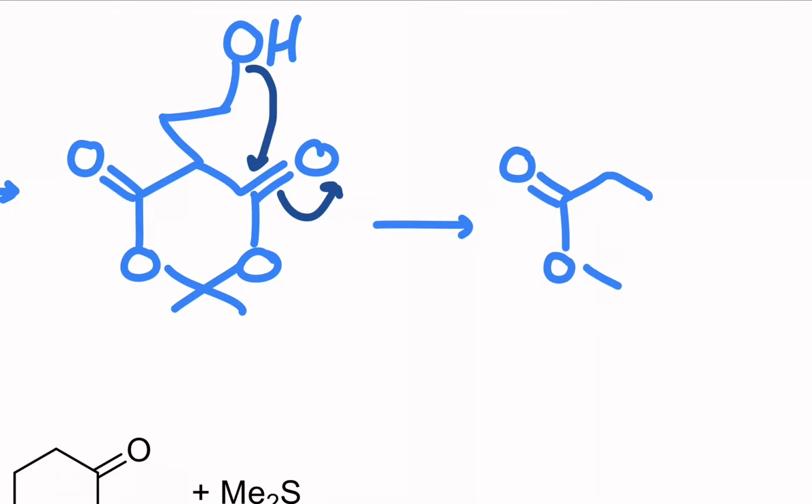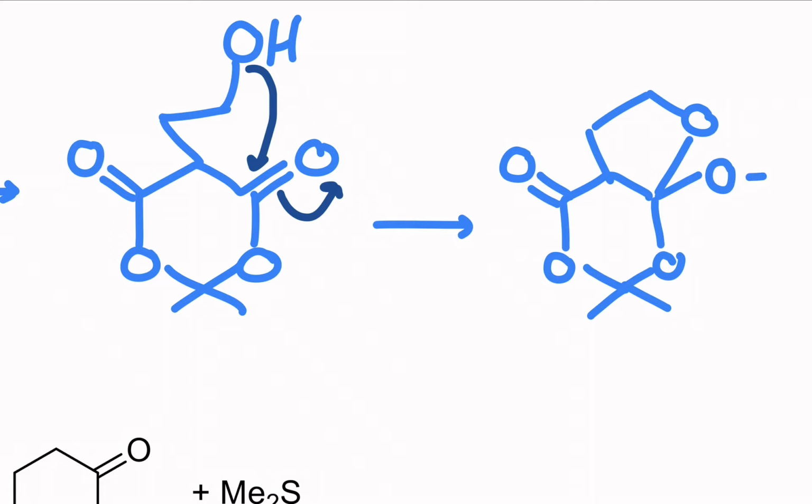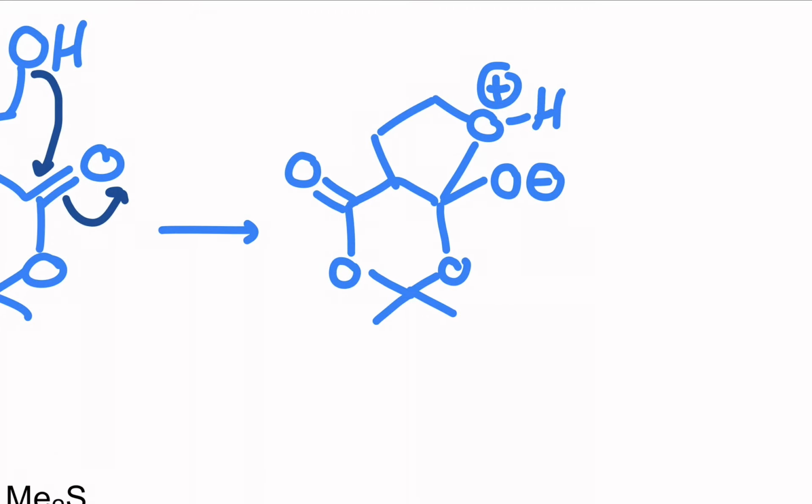We still have our six-membered ring. That's still open. But now I have a new five-membered ring as well. And here's the beginnings of the five-membered lactone that I see in the product up above. We still have to break open this six-membered ring so we can bring that O negative back down and kick out this other oxygen.